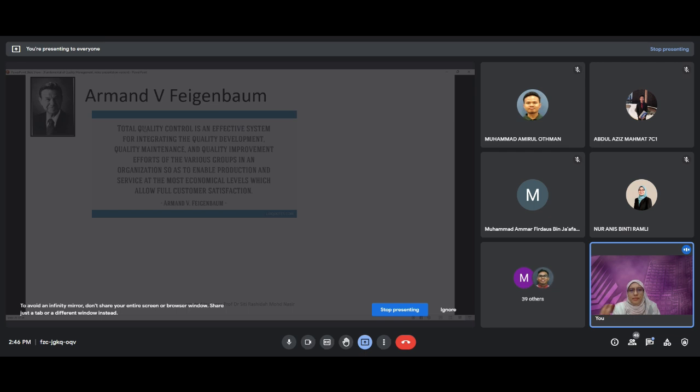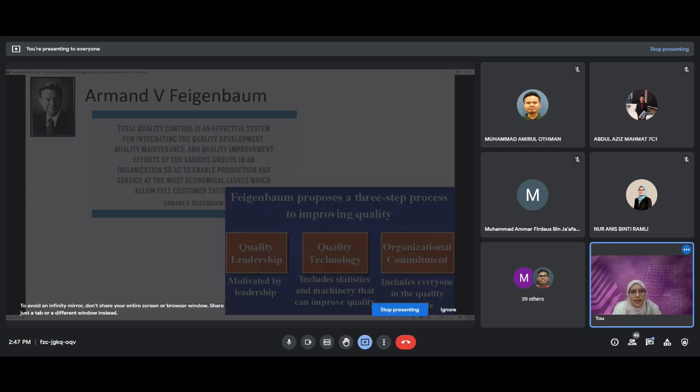So Feigenbaum created an effective system that integrates all the processes so that production can make the product at the most economical cost and at the same time satisfy the customer.